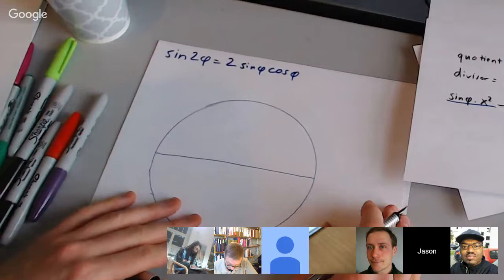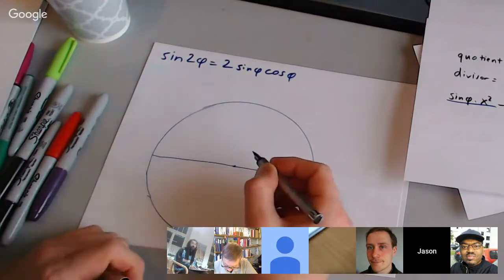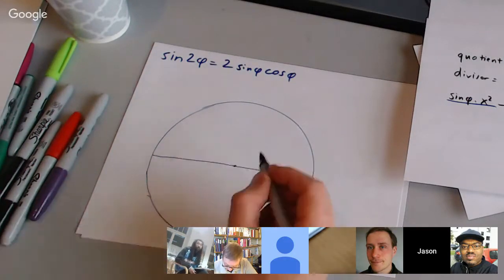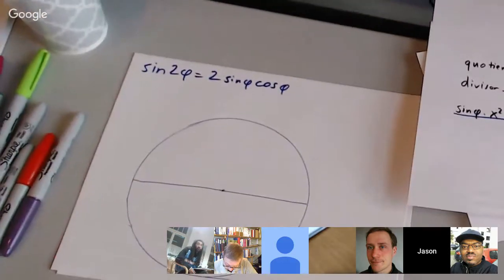Okay, so let's say that here's our angle. I should really get a ruler and make the lines nice too, shouldn't I? Let me do that.